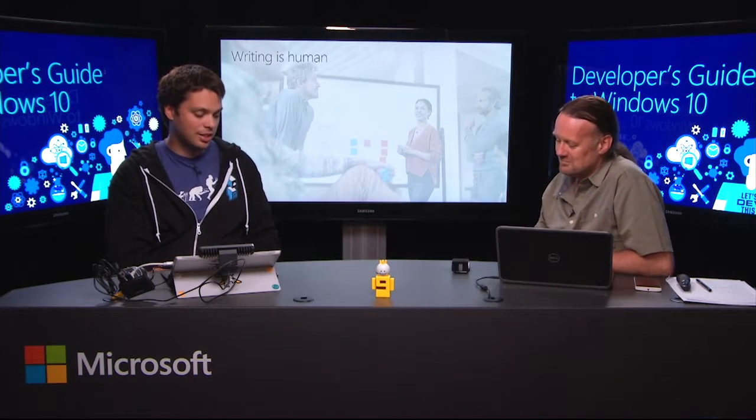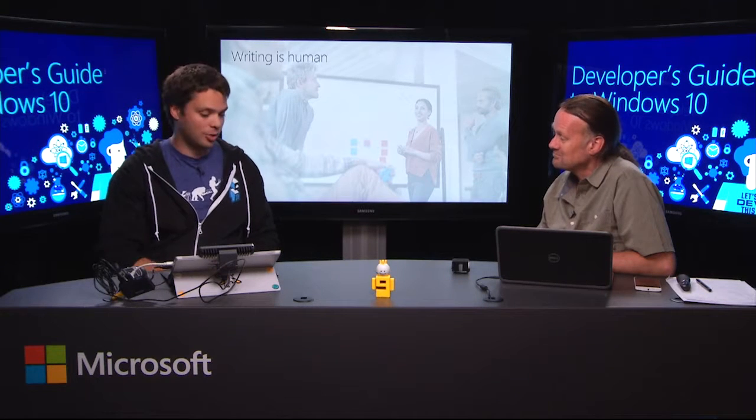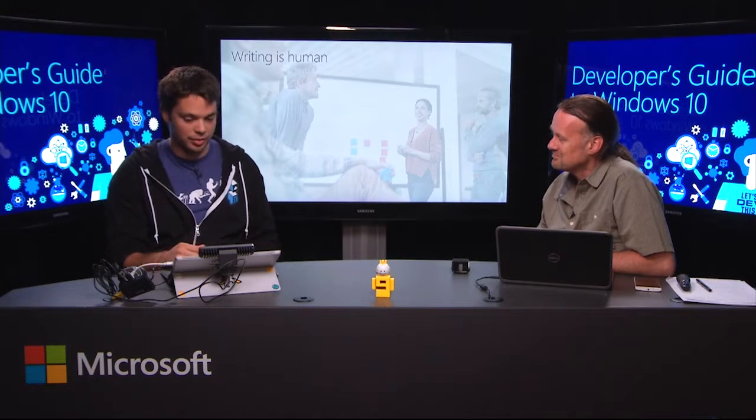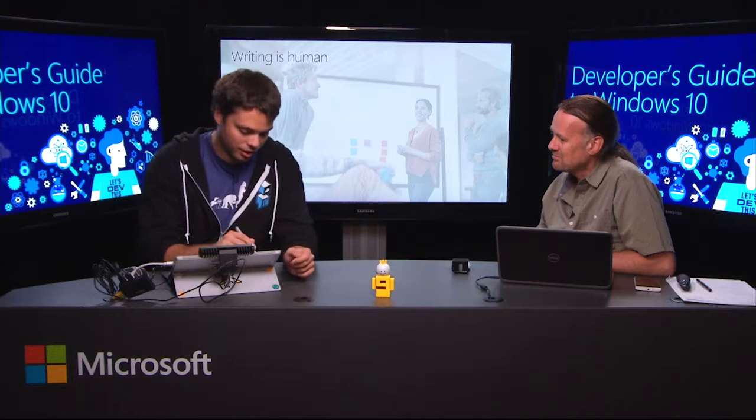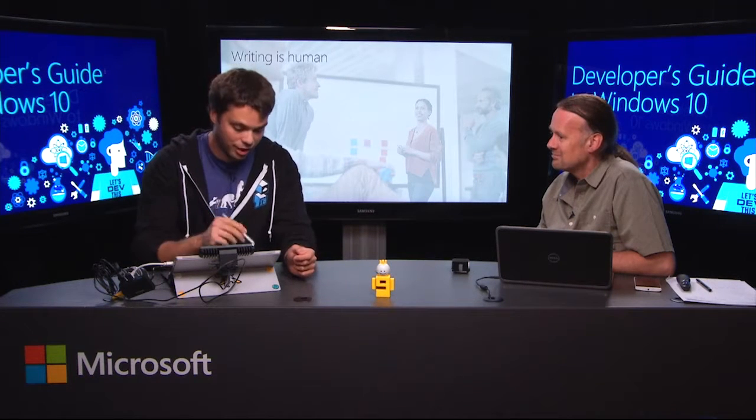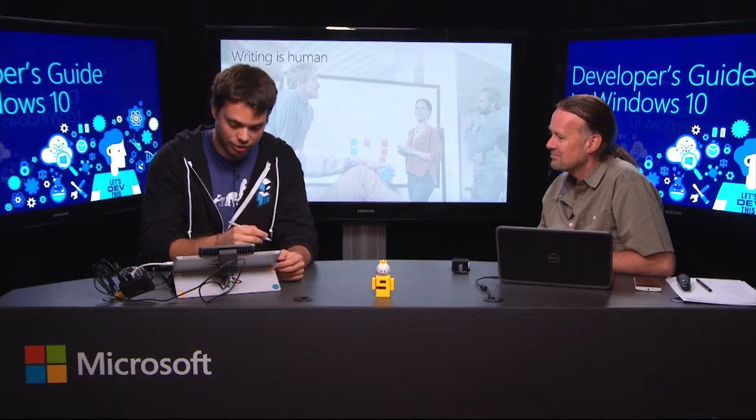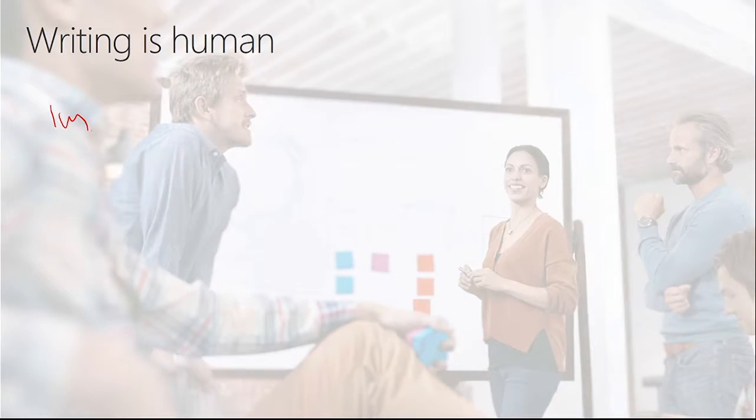Writing is important because it's quick. You want to draw something with your pen, you just write something. So, for example, if I take my Surface Pen for the Surface that I'm using, let me just select pen here, I can start writing. Excuse my handwriting. So writing is immediate.